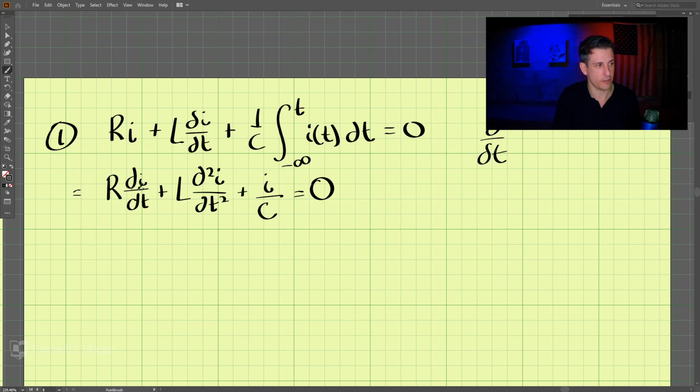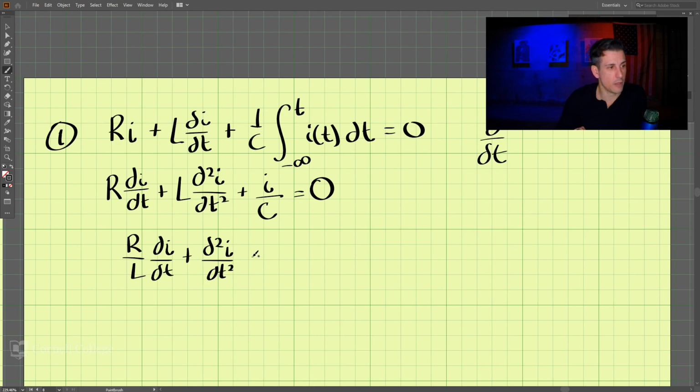And we can now rearrange this equation. So I'm going to divide everything by L. So we have R over L di/dt plus d squared I/dt squared plus I divided by LC equals 0.